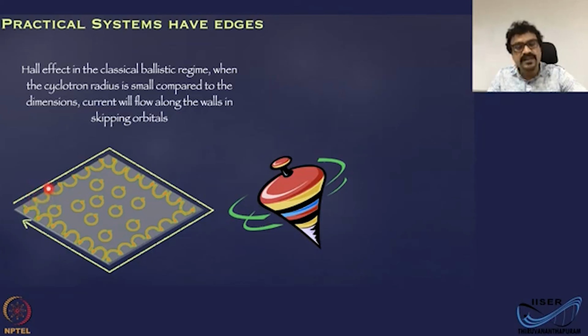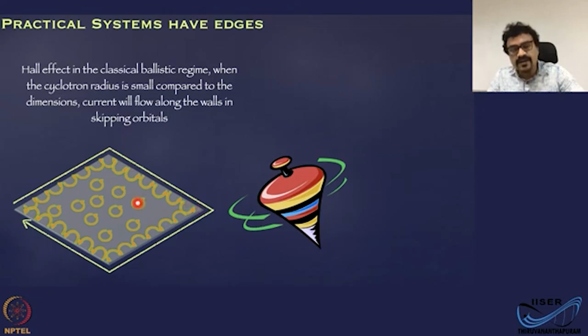By the time they reach the edge, they will reflect back, but again they will continue, but again reflect back, and they are going to run around the edges of the system, just like a top. When you spin it, and when it hits the wall, it's going to come back, and again it will hit the wall and come back. So this is like a skipping motion of a mechanical top.